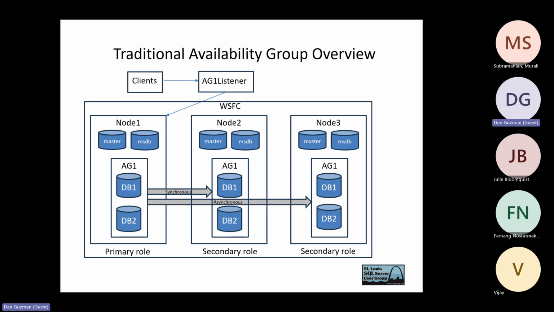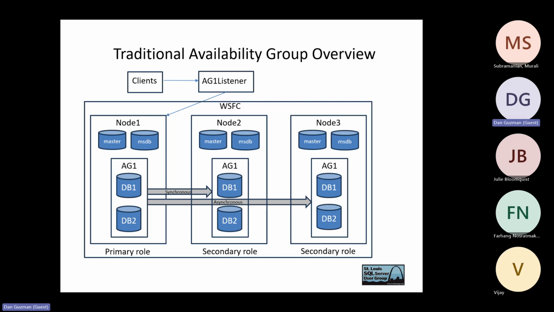Optionally, you can get fancy with read-only replicas, so that all the reads and writes always occur on the primary node in the availability group, but you can optionally turn on the secondary nodes for read-only access. So clients that only need to read data and don't need to write to it can specify read-only intent in the connection string, and they'll automatically be redirected to a secondary read-only replica, so that the read-only replica doesn't interfere with any of the writes.